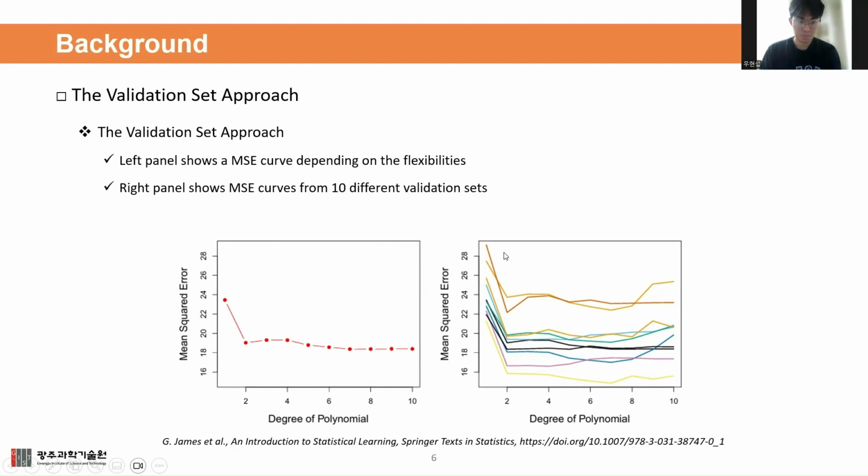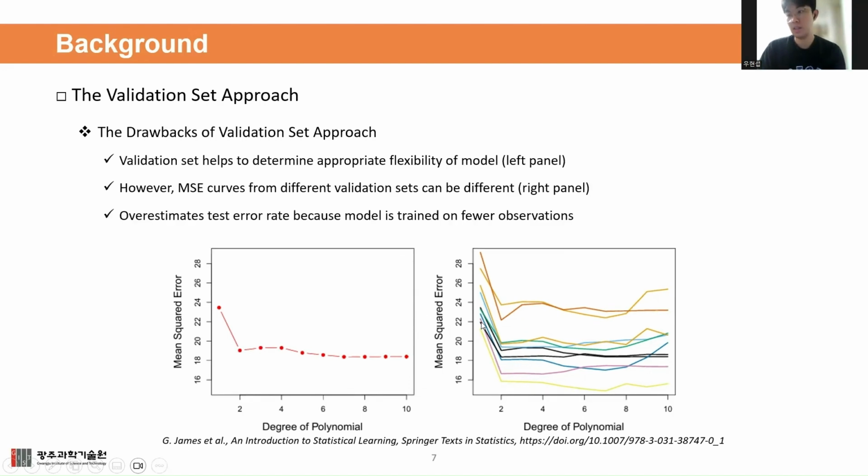And we can also do the validation set approach multiple times with different splits of the data set, and then we can derive 10 different validation curves like in the figure on the right side. But as you can see from these two figures, we can see the drawbacks of the validation set approach.